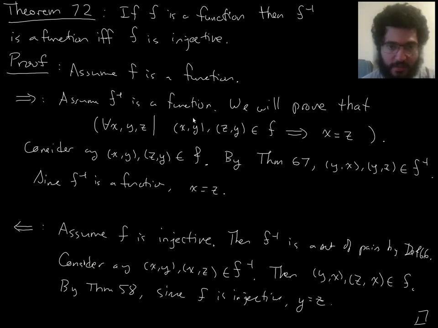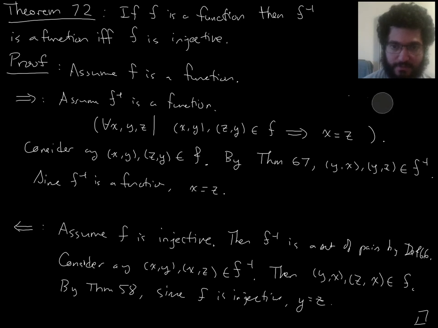So I think the issue is that I said we will prove this, but I never said why that is sufficient to prove that. So that is a little weird. I should probably reference theorem 58 in both halves if I'm using it in both halves. So how about I do this?